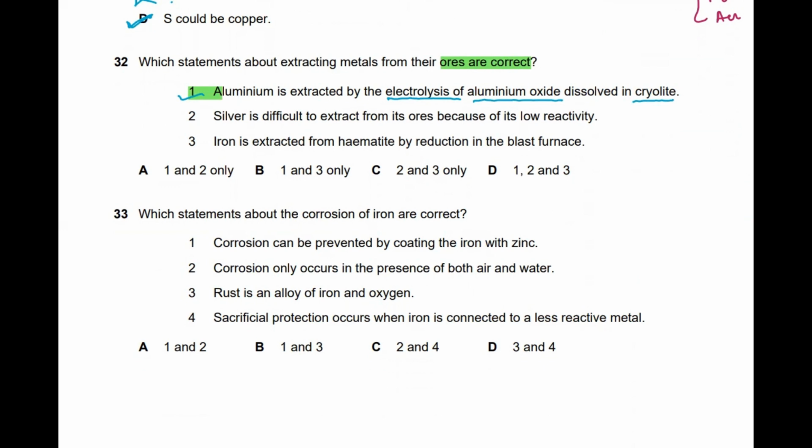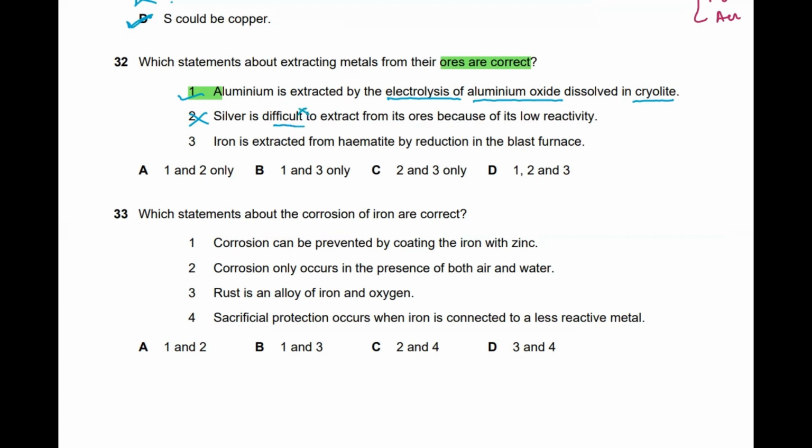Silver is difficult to extract from its ore because of its low reactivity. No, silver can easily be extracted just by heating its ore. So it can be thermally extracted. So it's not difficult at all.